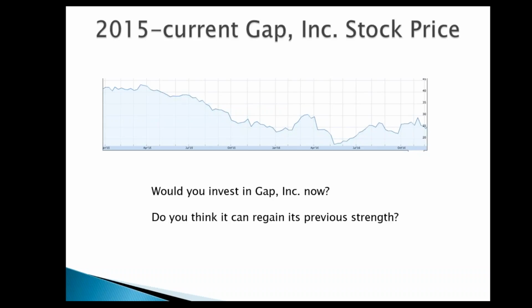So one of the challenges that the Gap faces goes back to the founder's sons. If they still worked there, I often wonder, would it be in the same situation it is now?